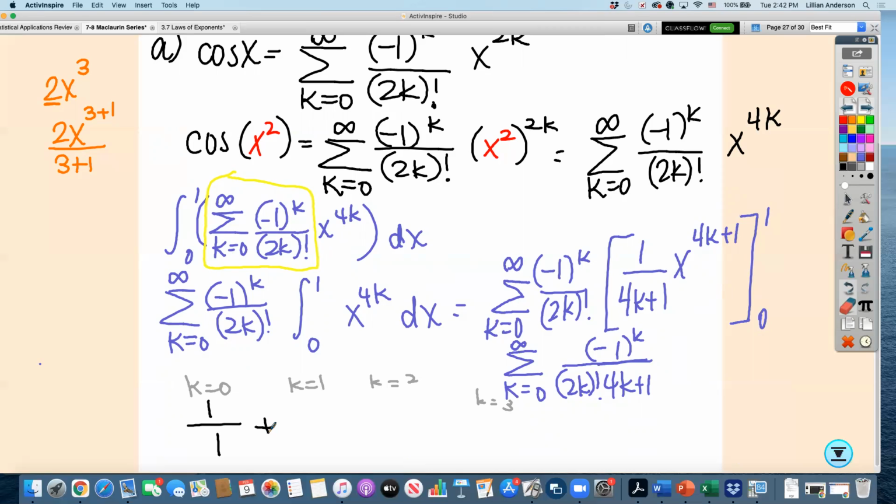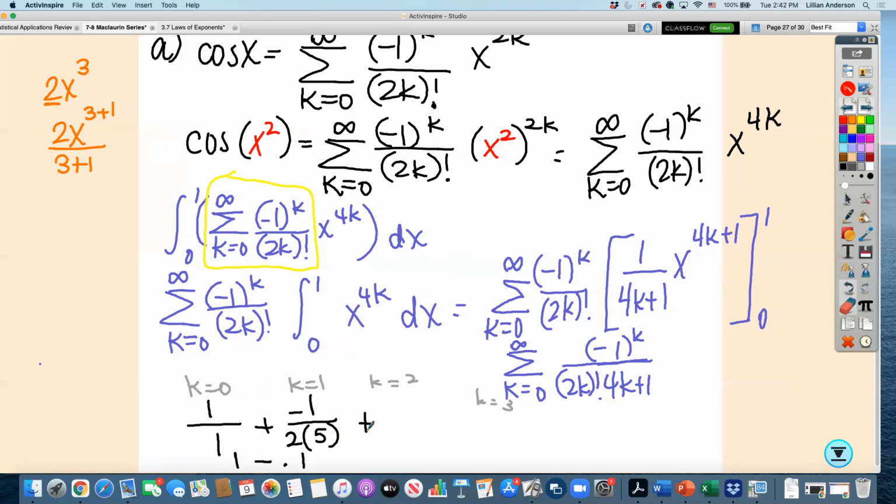What's negative 1 to the 1st power? Negative 1. Then I plug in 1 for k. So 2 times 1 factorial is just 2. Then what's 4 times 1 plus 1? 5. So this is technically negative 1/10. Negative 1/10 as a decimal is what? So I got 1 minus 0.1.